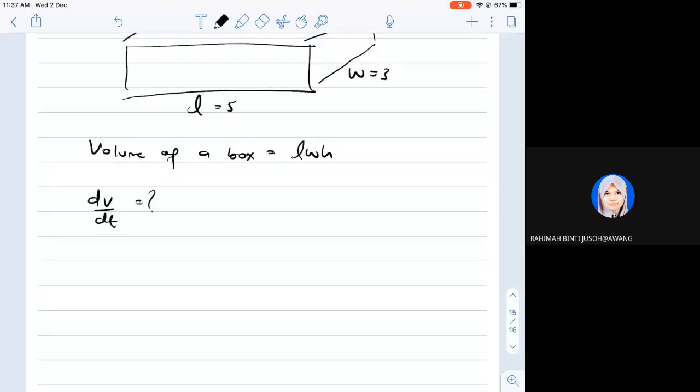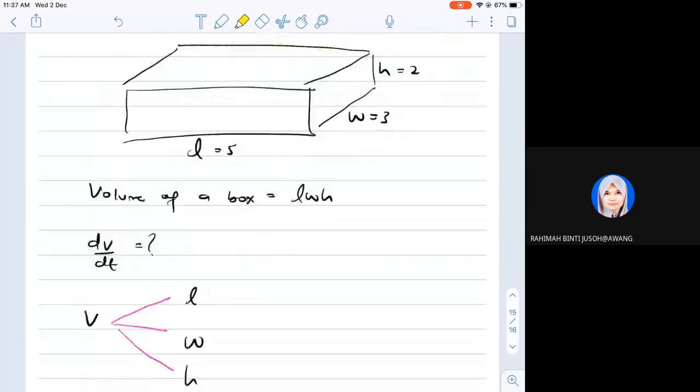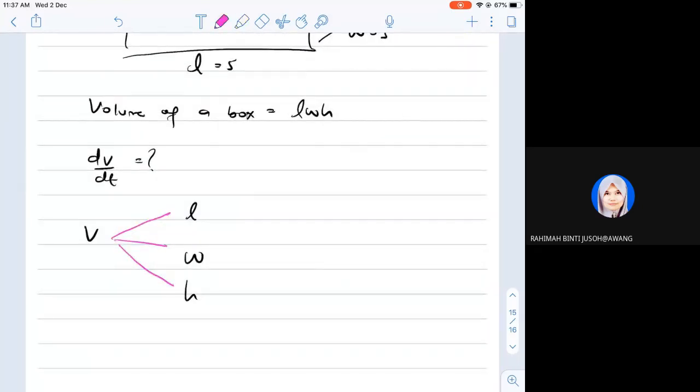So guys, before this, V consists of L, W and H, right? There are 3 branches: 1, 2, 3. And then L, since L is changing with respect to time, decreasing 40 feet per second. Okay, so L changes with respect to time t. The same thing happens here: W also t, H also t.